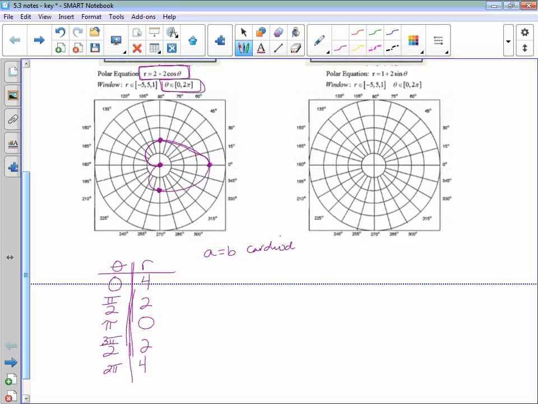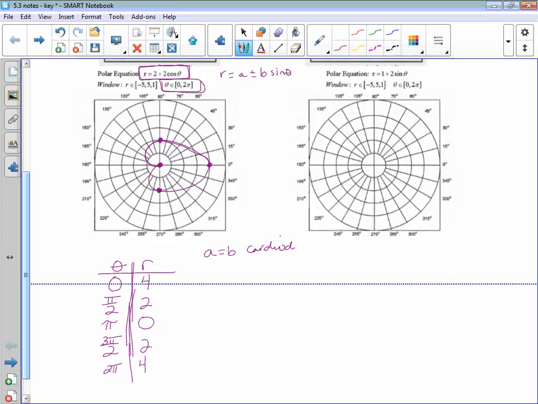All right, if you look up here, this is r equals 2 cosine theta. We always have a formula, r equals a, and then it's either plus or minus b sine or cosine theta. When a equals b, you guys see how we had a 2 and a 2? Can you read that up there? When you have a equaling b, that gives you a cardioid. This one was a cosine.